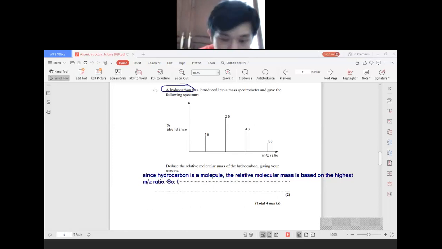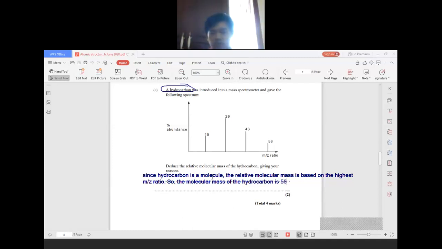So the molecular mass of the hydrocarbon is 58.